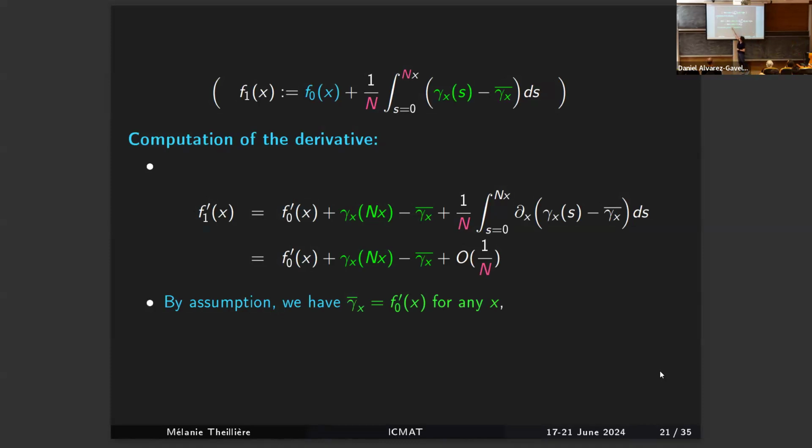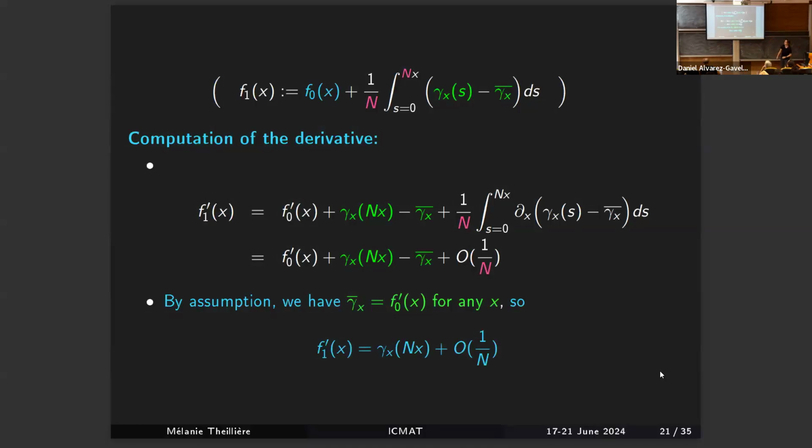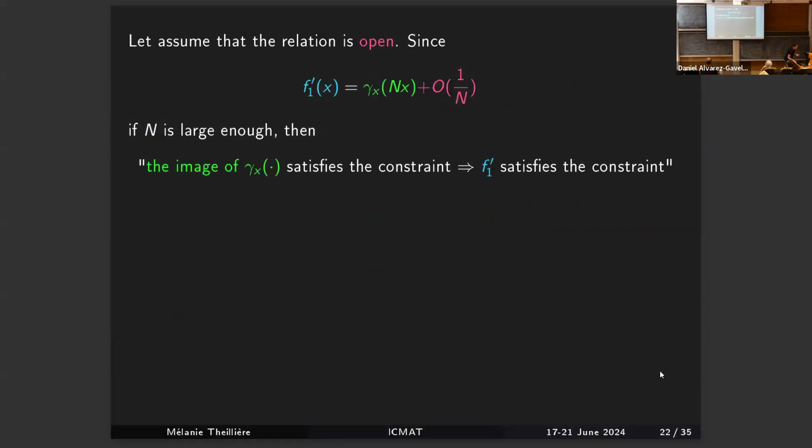So we look at this part, and we have assumed that the average equals the derivative we want to modify. With this assumption, the new derivative is given by our choice of loop plus an error which is a big O of 1 over n. So in one sense, we can control the new derivative we build.